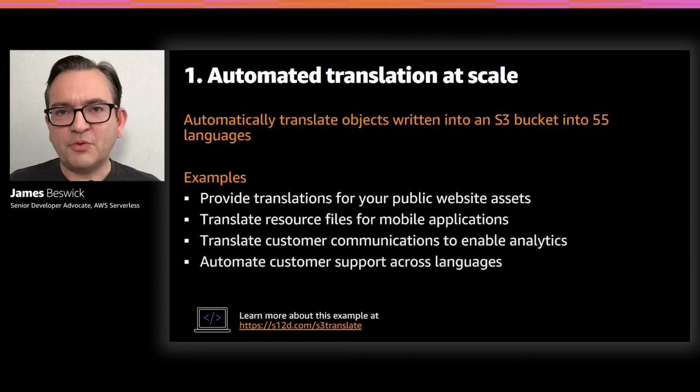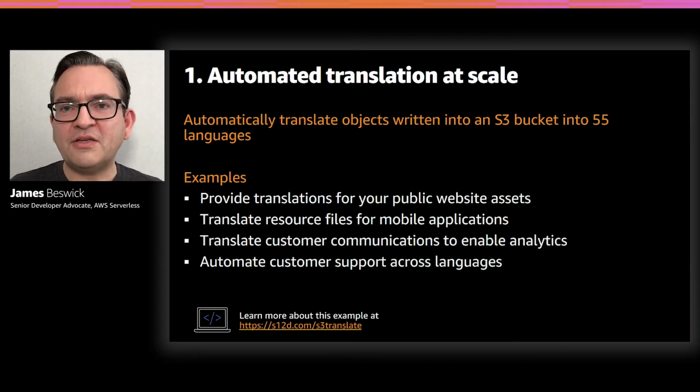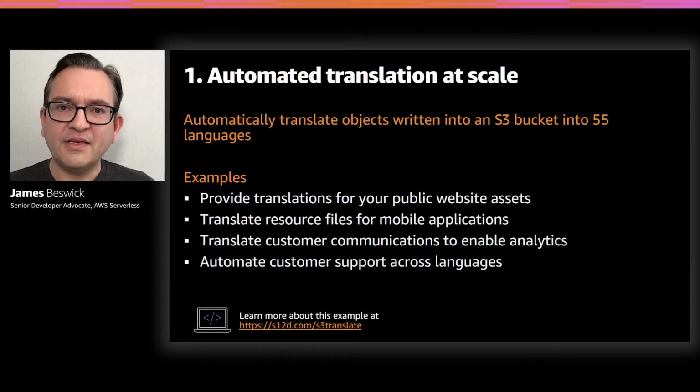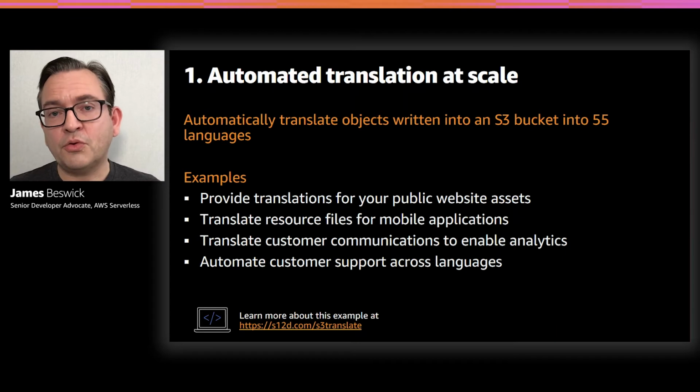In the first example, I'll show you how you can create an automated translation solution. This allows you to automatically translate objects that are written into an S3 bucket into one or more of 55 supported languages. You could use this to automatically translate public website assets, for example, so you can communicate effectively with a global audience.